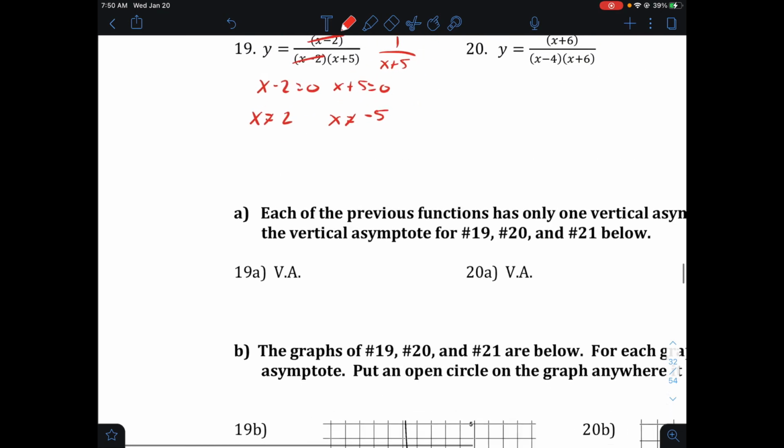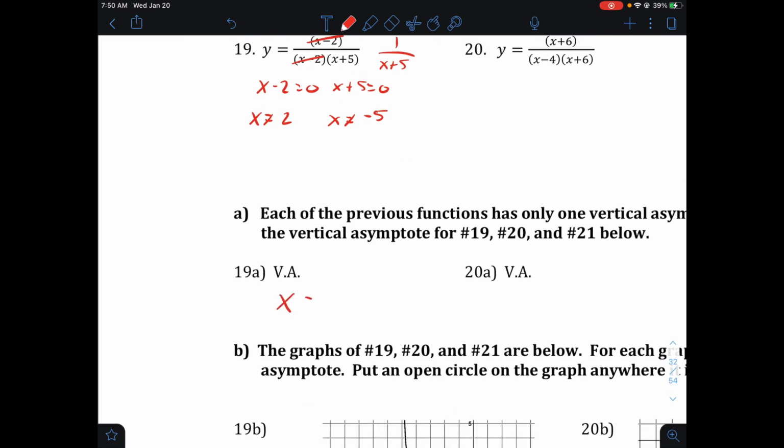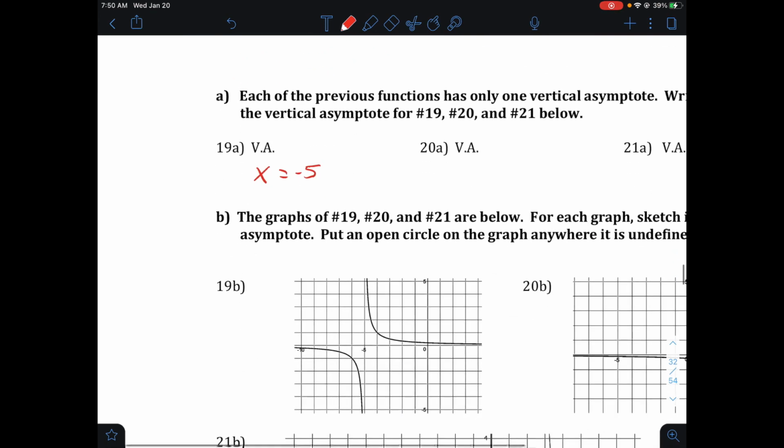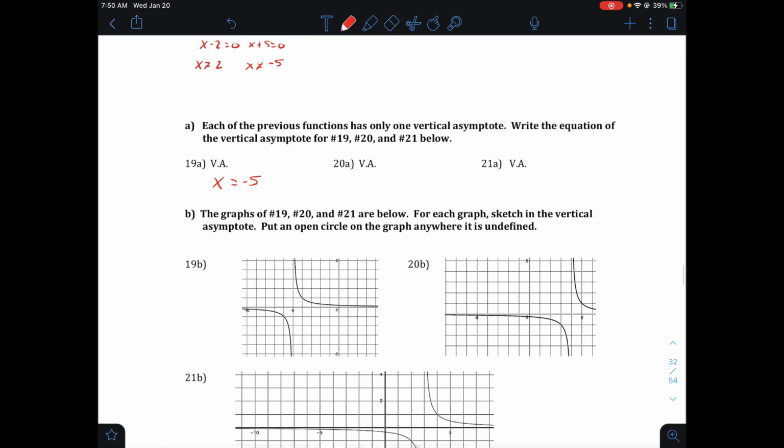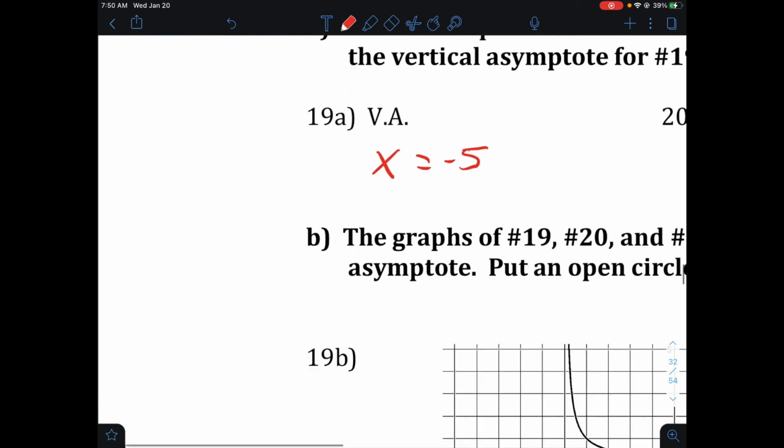So your only vertical asymptote is going to be x equals -5. x equals 2 is not a vertical asymptote. x equals 2 is a hole. Remember, when they cancel, they're no longer vertical asymptotes.